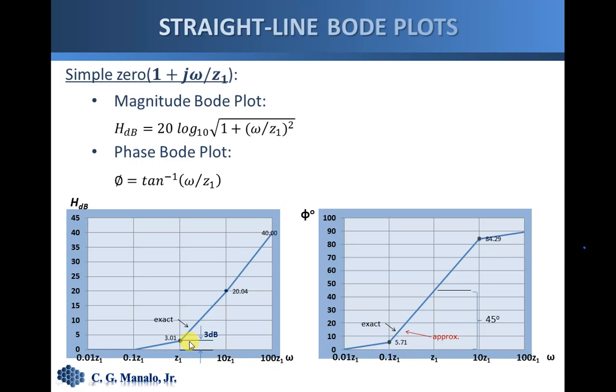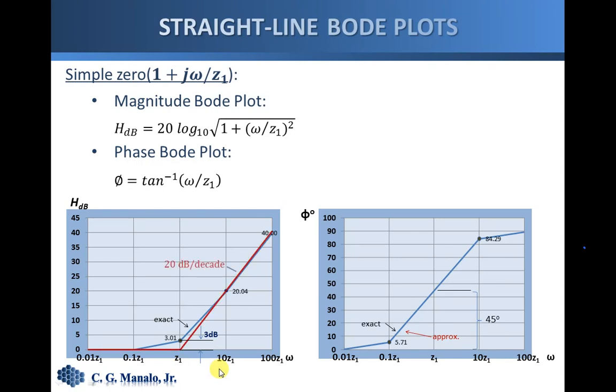Okay. So it is 0 for smaller values of omega, and it rises as omega increases in factors of z sub 1.